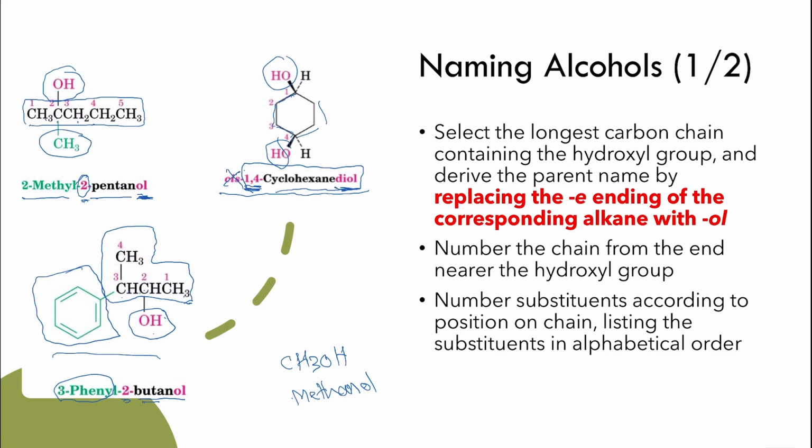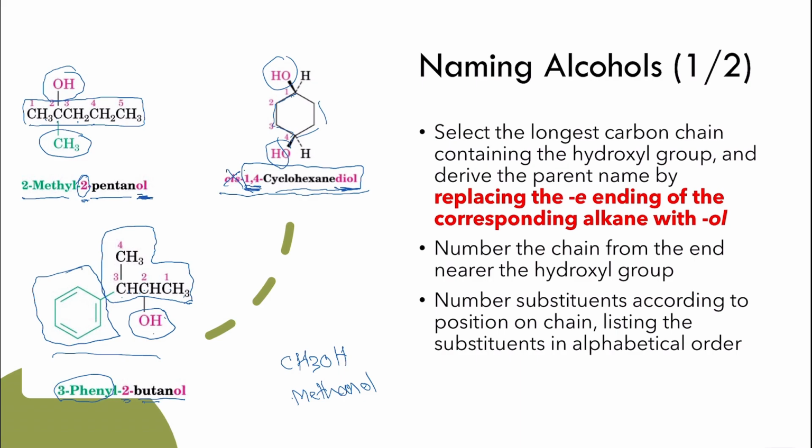Now, as I told you before, if the OH is on carbon number 1, you don't have to say that it's on carbon number 1. But when you have 2 different OH groups, you have to specify even if one of them is on carbon number 1. On something like cyclohexane, we will always start numbering from the carbon that has an OH group or that has the functional group.